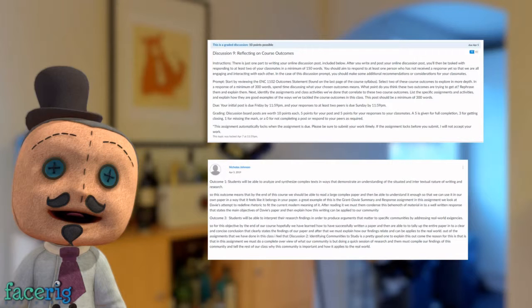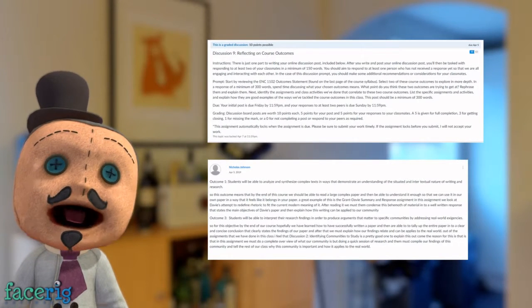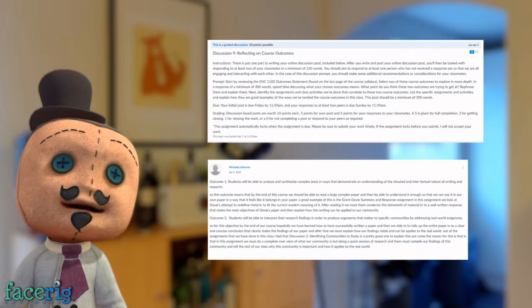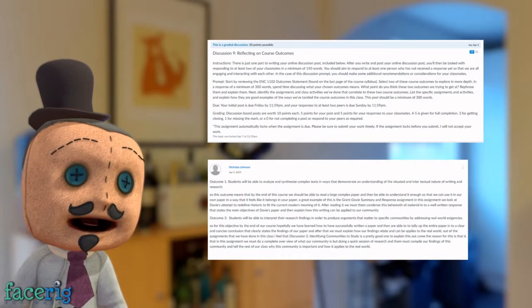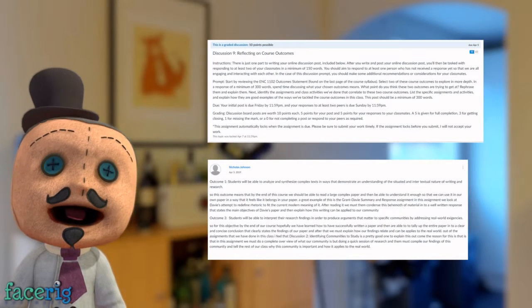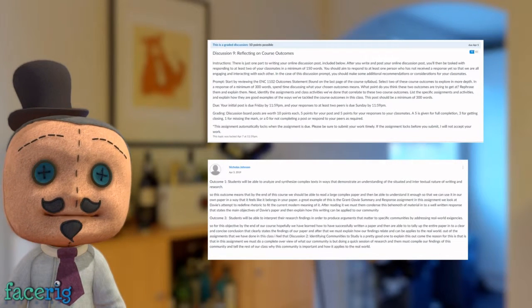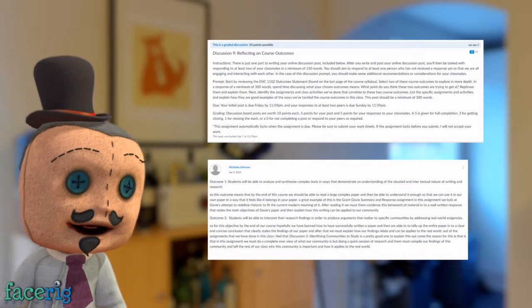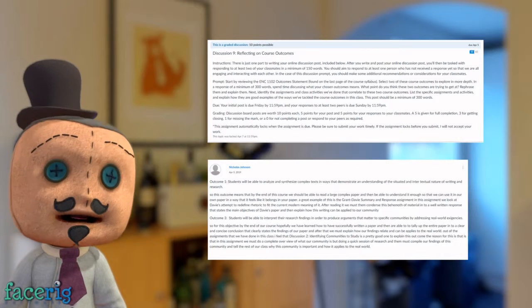In order to analyze the progression of my work throughout this semester and connect it to my metaphor, I will be using what I learned from discussion 9, reflecting on the course outcomes. In this post, I was tasked with identifying the learning outcomes in which I felt I had mastered and understood. For this post, I chose outcomes 1 and 3.